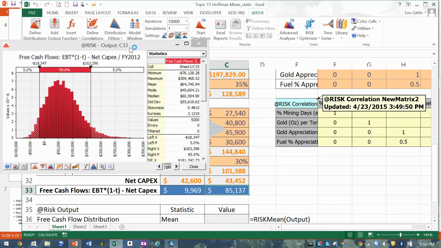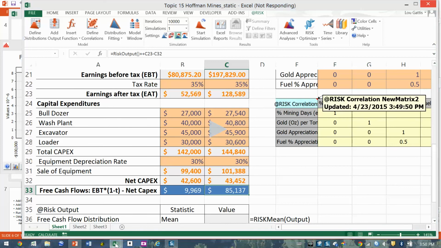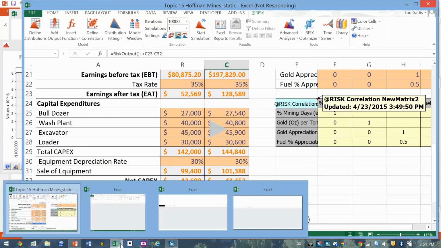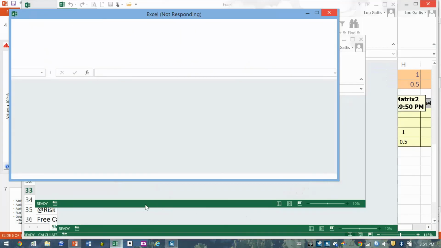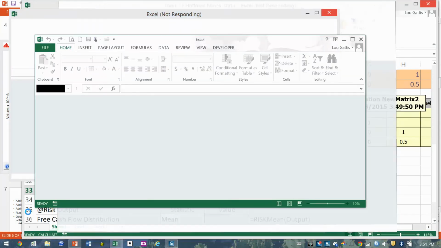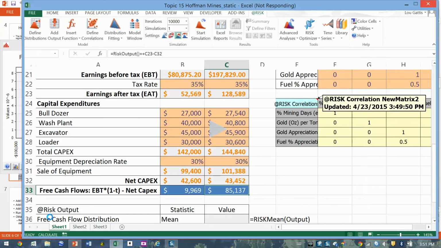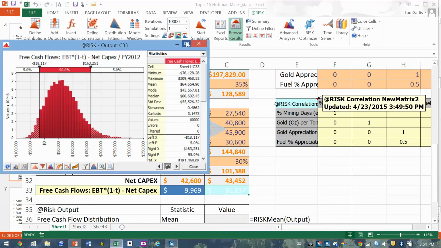So looking at the output, you can see the mean was about 65,000. Well, it's not finished yet. Let's wait a second. So my mean is about 65,000.